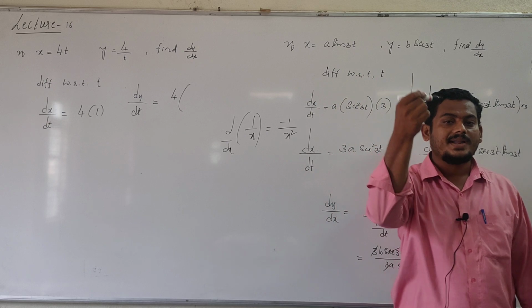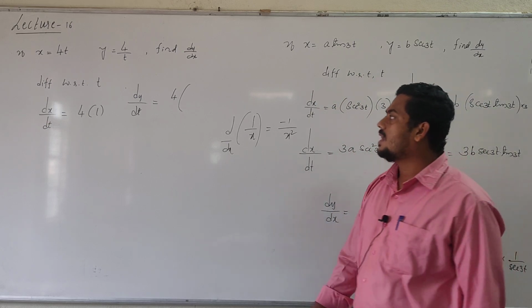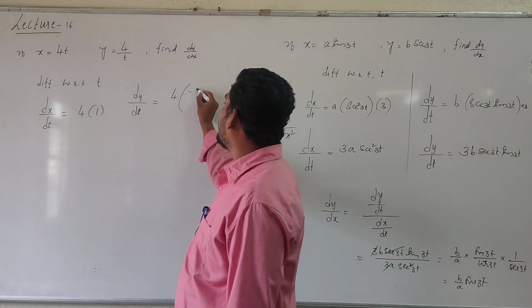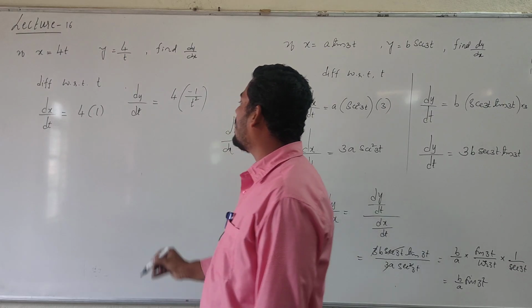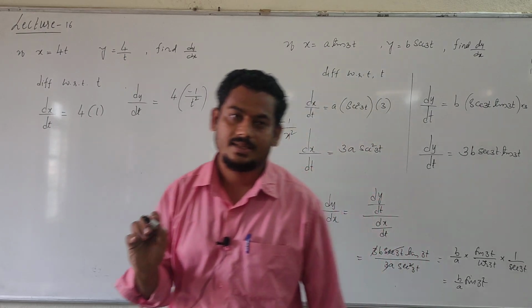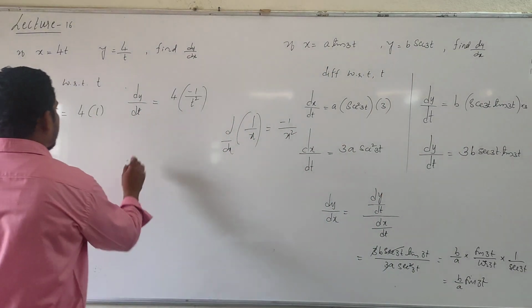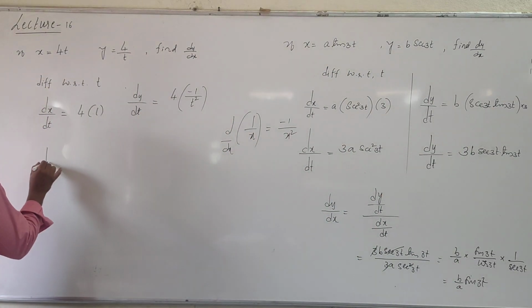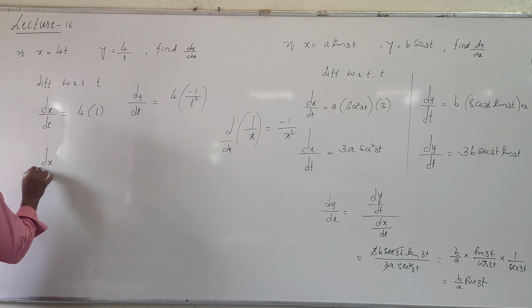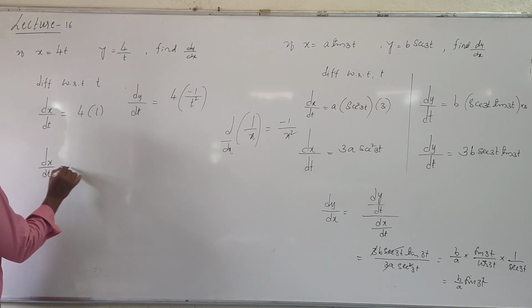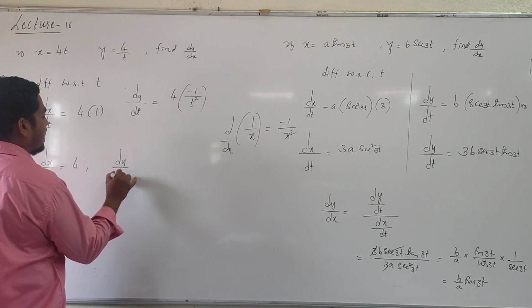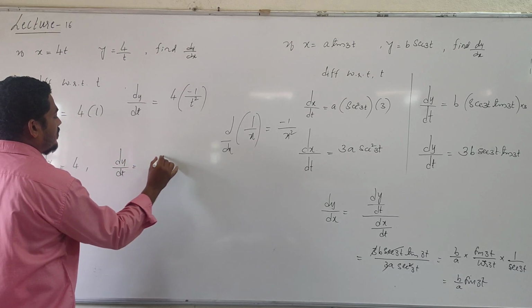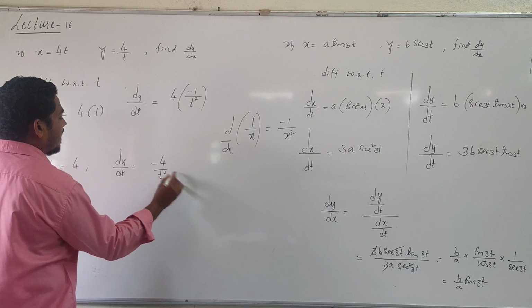By using the 1 divided by x raised to n formula, 1 divided by t differentiation is minus 1 divided by t square, with variable t instead of x, right? Therefore dx by dt is equal to 4 and dy by dt is equal to minus 4 by t square.